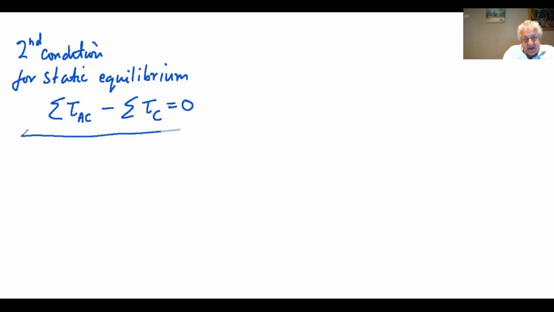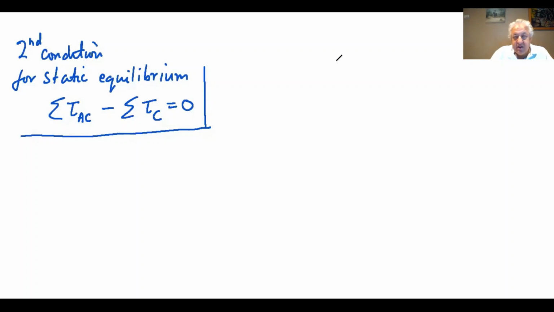So that's my second condition. For this one, the best way of seeing this is through a specific example. So I think I'm going to show you this when I come to show you some typical problems. So I will leave this for now and explain it to you by way of the general problems.